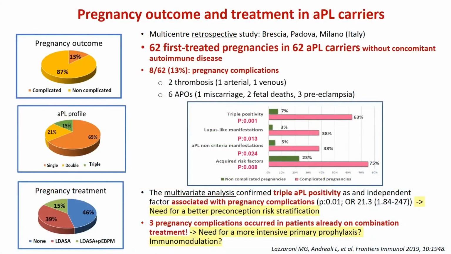So this is another hint that maybe we need something more, even in APL carriers, which are most of the time completely healthy persons. So you will not be keen on giving them too many medications because they don't have any clinically relevant event in their history.